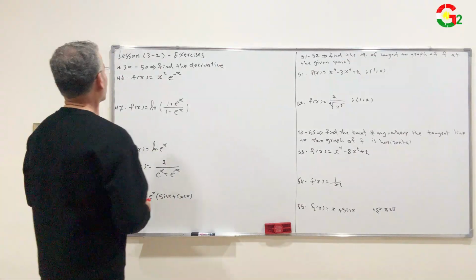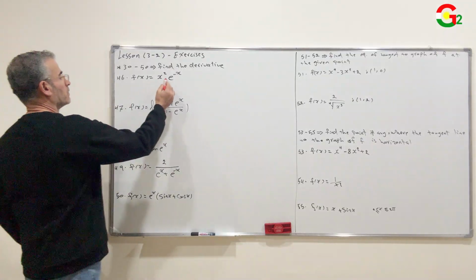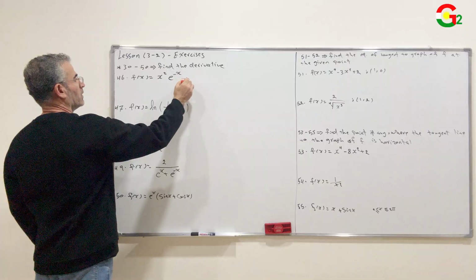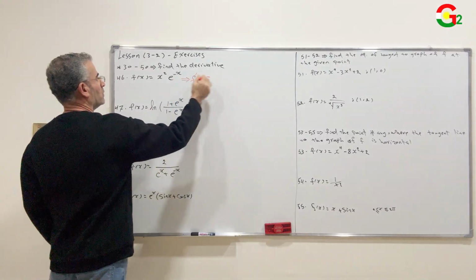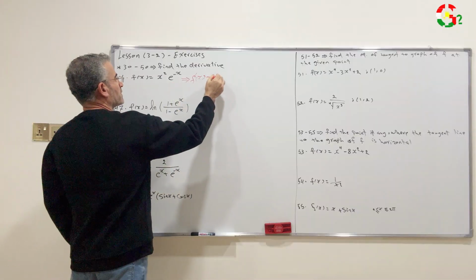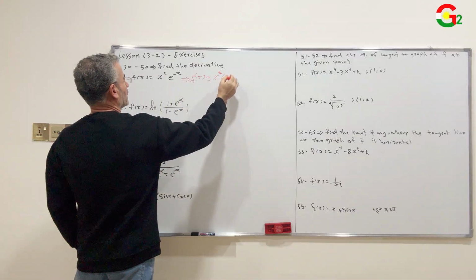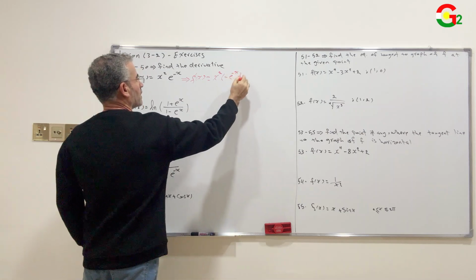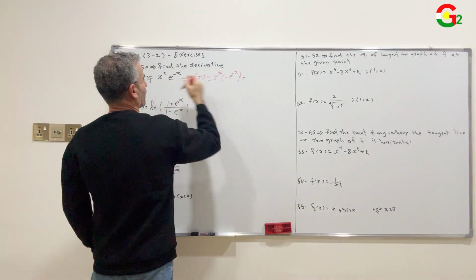Question number 46, f of x equals x to the power 2 e to the negative x, apply the rule of multiplication of two functions, f prime of x equals the first function x to the power 2 times the derivative of the second function negative e to the negative x, plus the second function times the derivative of the first function.